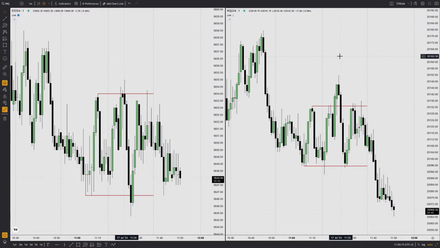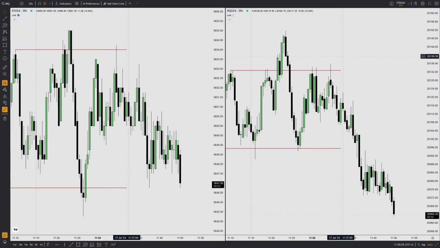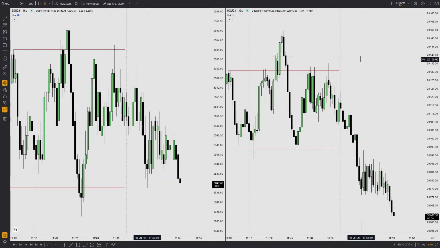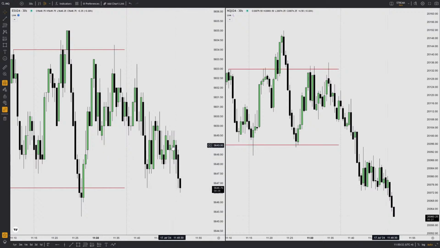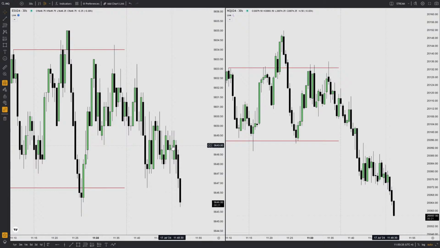It is looking like we are going to close heavy on this 6 hours candle. Close heavy meaning we are going to close very near to the low of the 6 hours candle.